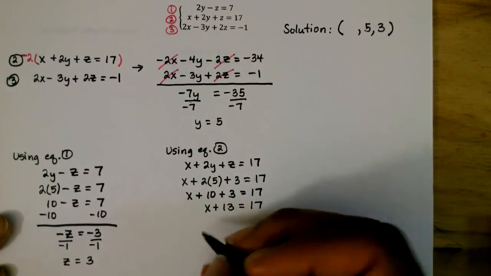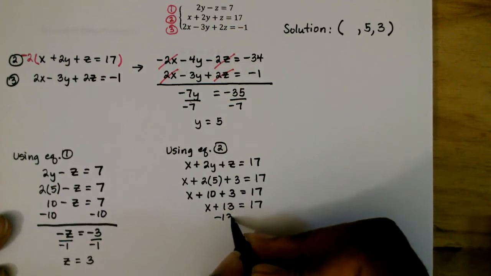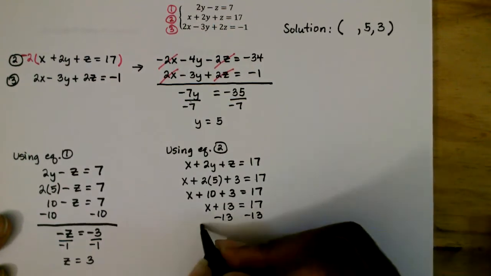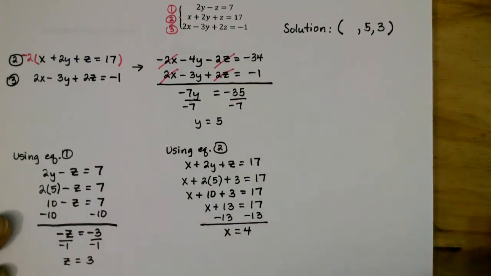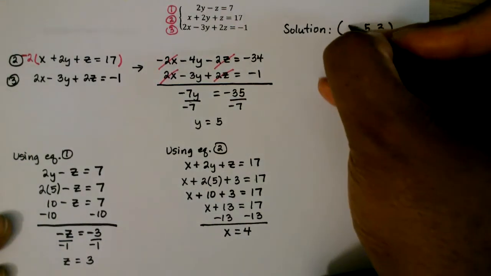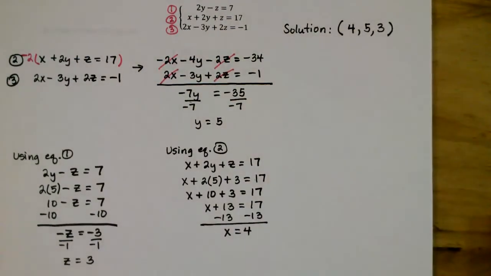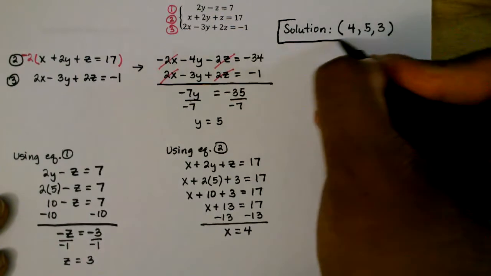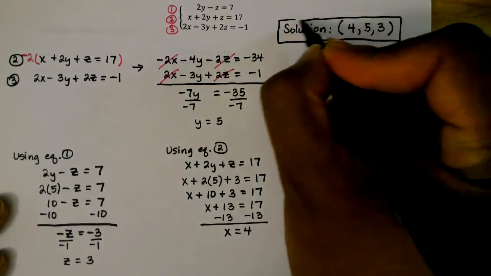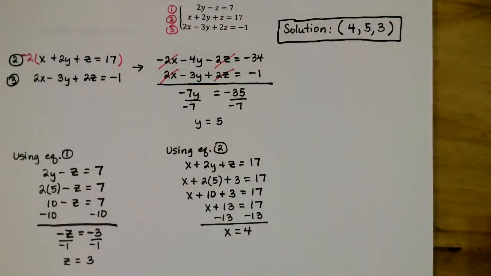To get the x by itself, you need to subtract 13 on both sides to get x is equal to 4. So here, x is 4, y is 5, and z is 3. So this is the solution to that system of linear equations in 3 variables: 4, 5, 3.